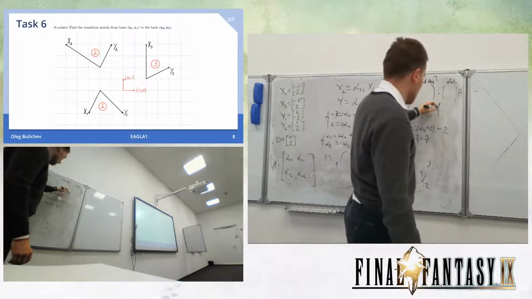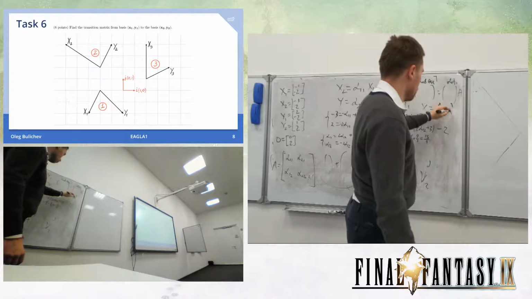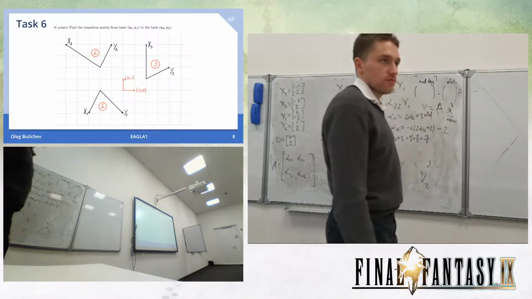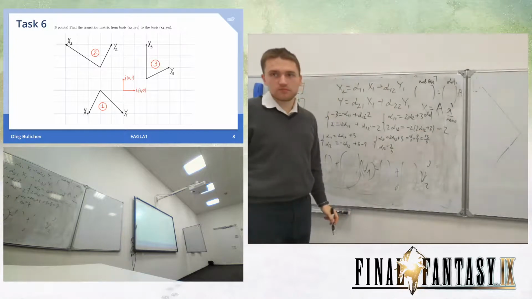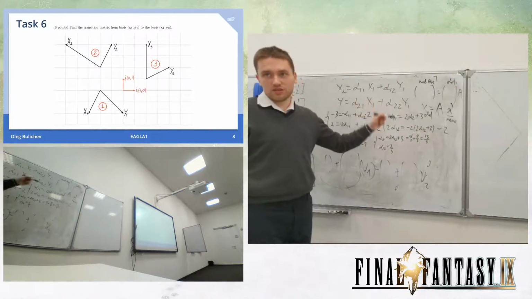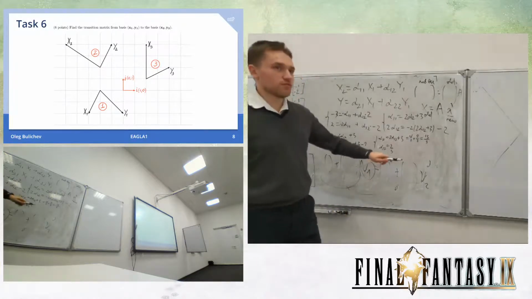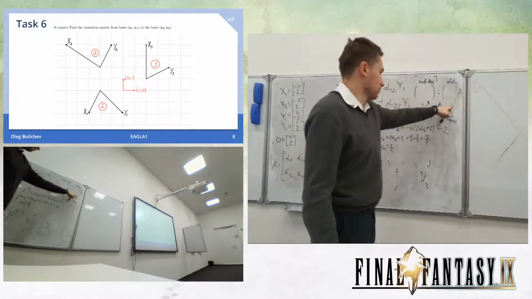Yes, so A x transpose is the new one. Old. I mean just that some people make a mistake, because most of the time you want to make it like this, but it's wrong.